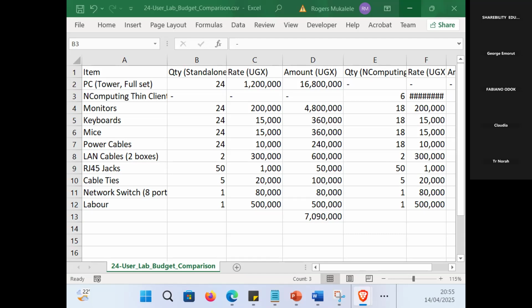Because, members, it's not only in computing. At Kololo SS, we have another thin client technology, where one server connects 25, and they are working. So there are other thin client technologies apart from in computing that we may need to explore. In case there is a school owner here or anyone, you can come to Kololo SS and look at the setup.